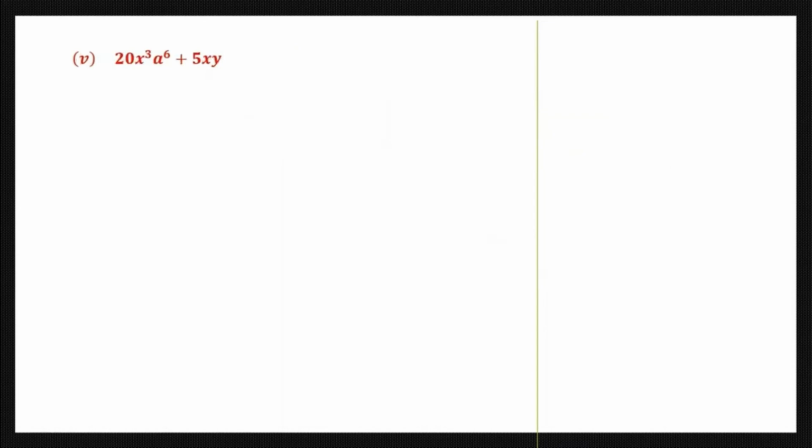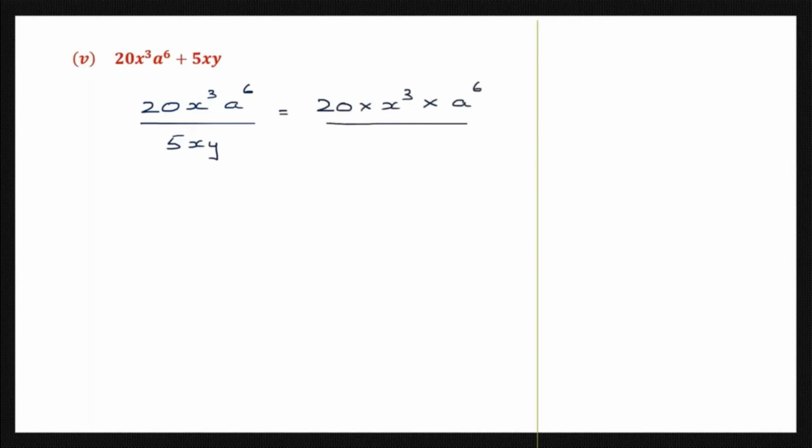Question 5. 20x cubed a to the power of 6 divided by 5xy. So this will be 20 into x to the power of 3 into a to the power of 6 divided by 5 into x into y. So let's cancel 5 and 20. 5 4s are 20.